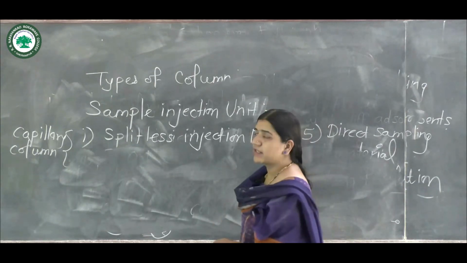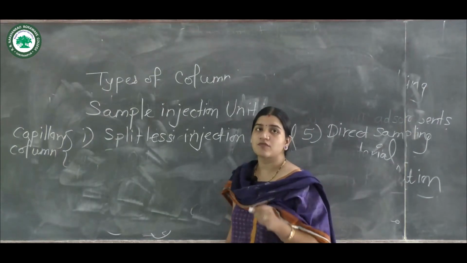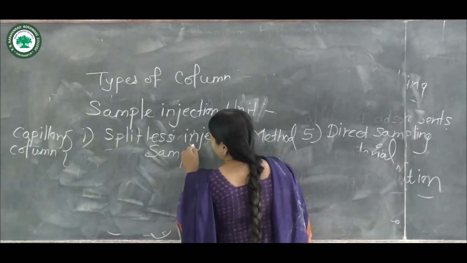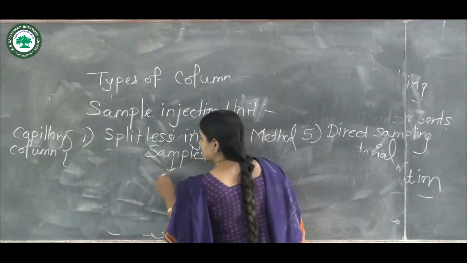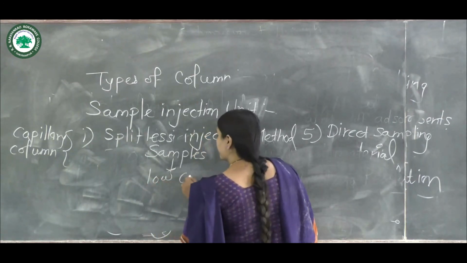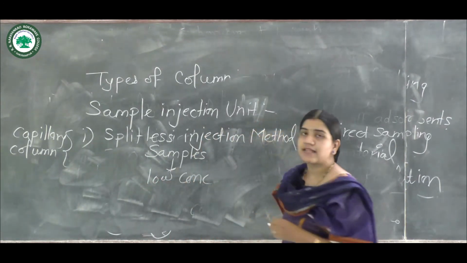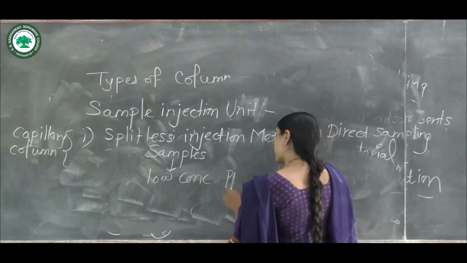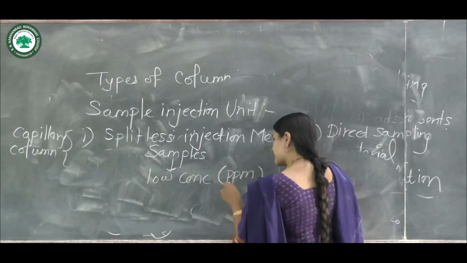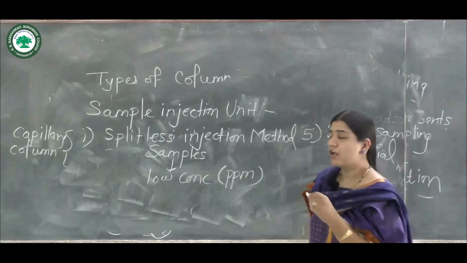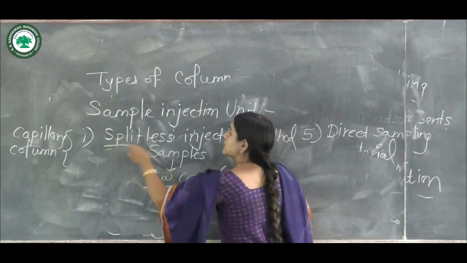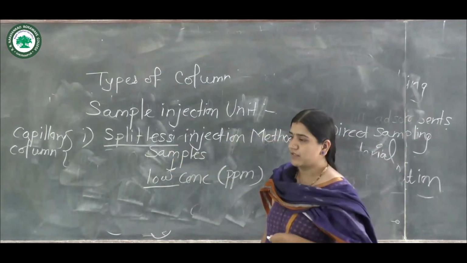This method is most widely used when you are dealing with samples having low concentration. Samples having low concentration means samples which are present at the ppm level. For such very low concentrations, we use the splitless injection method.